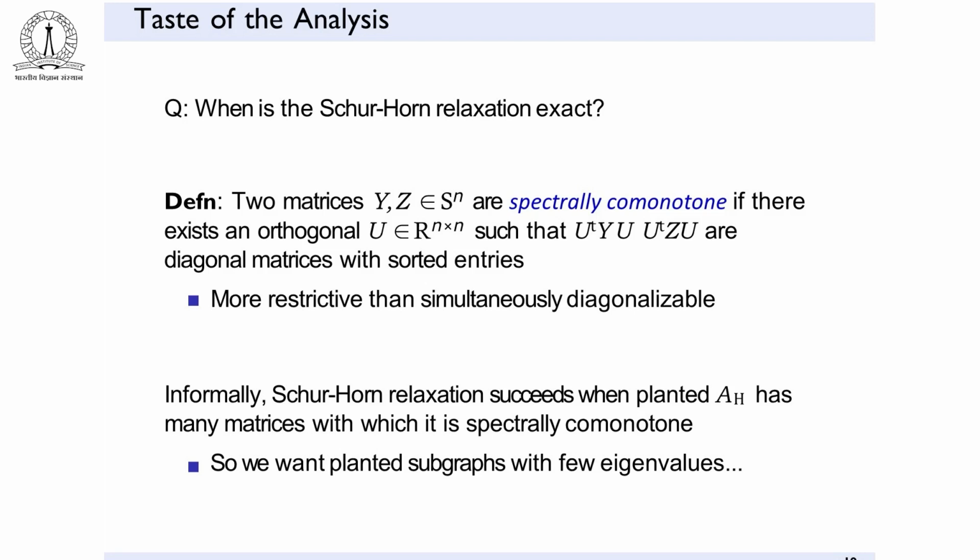If you back out of that, what's actually going on? We want this planted subgraph to have very few distinct eigenvalues. It's a graph on k nodes, that was the notation I used, so it should have far fewer than k distinct eigenvalues. So lots of multiplicities in the eigenvalues.